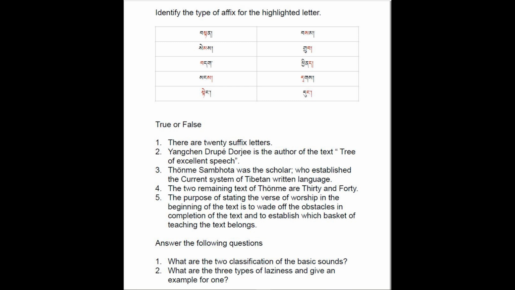Thonmi Sambhota wrote the root text to which Yangchen Dorje wrote the commentary, which we are studying at the moment, known as the Tree of Excellent Speech. So there are 2 texts here. The root text is the Thirty, and the commentary that we are studying is the Tree of Excellent Speech.